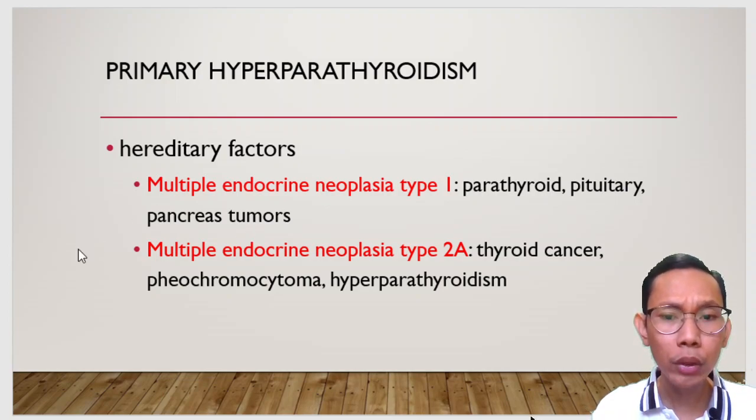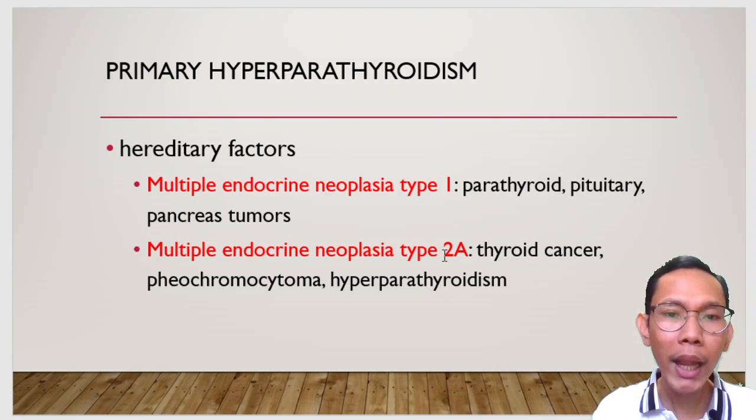How about your MEN type 2, your multiple endocrine neoplasia type 2A? It is correlated with your thyroid cancer, your pheochromocytoma. Ano nga 'to? This is related to your adrenal gland, and your hyperparathyroidism, which is related to your parathyroid gland.